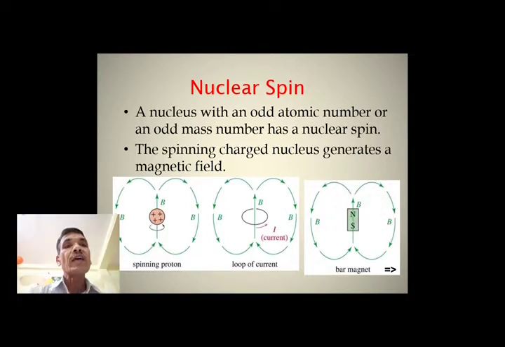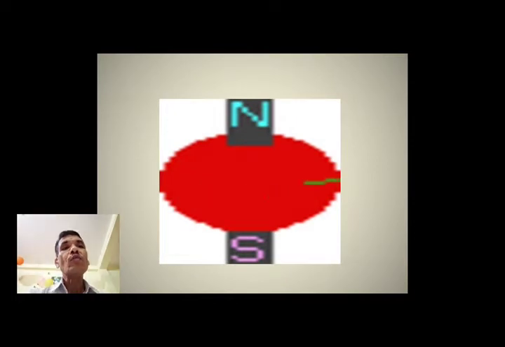That is, every charged particle moving around its own axis under the influence of an externally applied magnetic field acts as a bar magnet, which is shown here in this animation. If you observe the axis of rotation of this spinning nuclei, that is a charged particle, it acts as a tiny bar magnet.